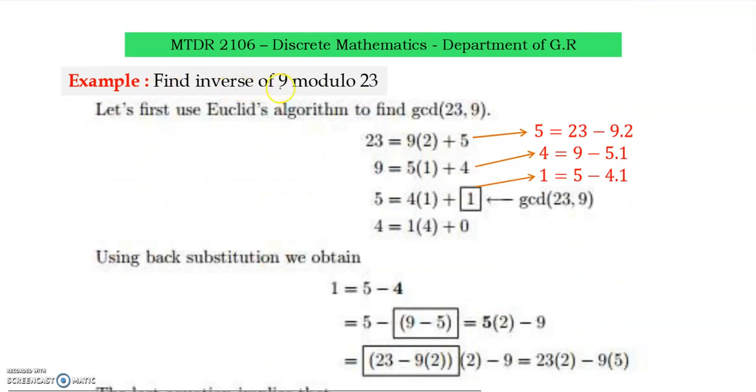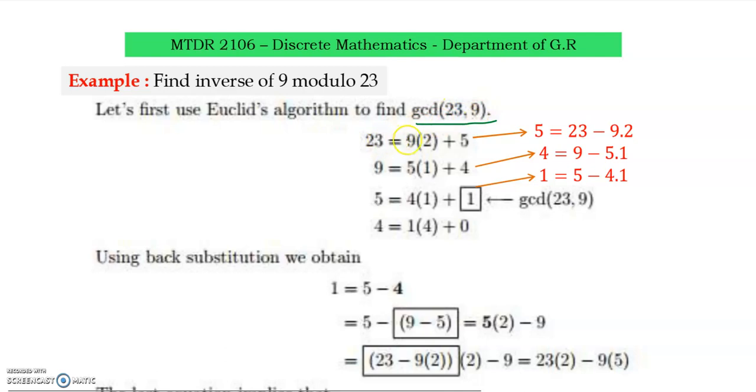Find the inverse of 9 modulo 23. How do we find the inverse? We start from the Euclidean algorithm. First we find the GCD of 23 and 9. The bigger number is 23 and the smaller number is 9, so we divide 23 by 9.